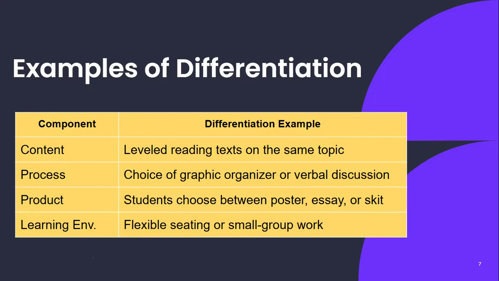How could you adapt any of these in order to achieve high outcomes for all? So when we're thinking about examples of differentiated instruction for content, an example is maybe leveled reading text on the same topic.